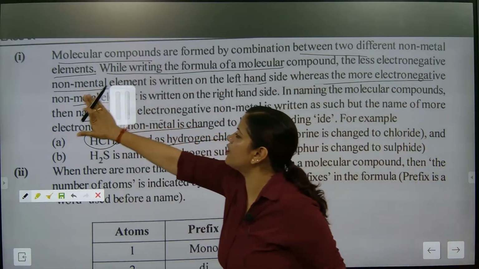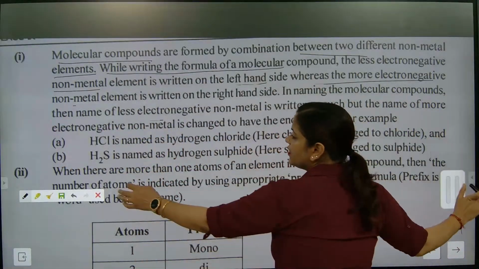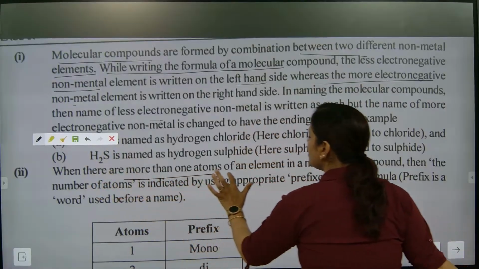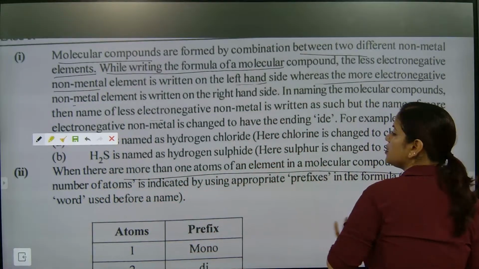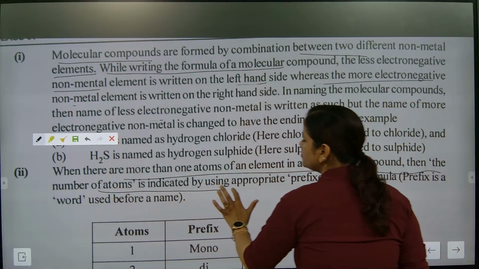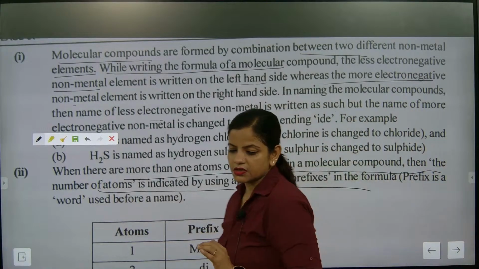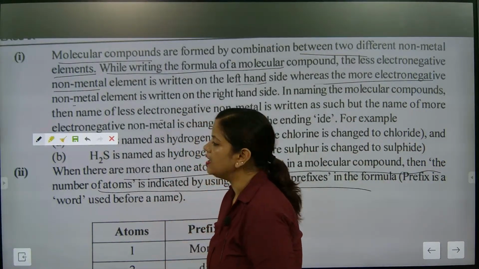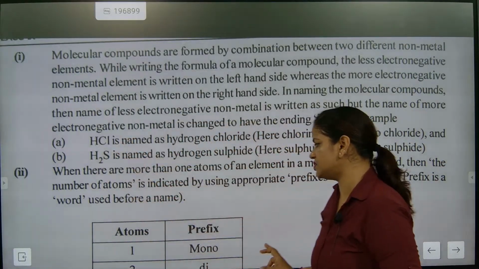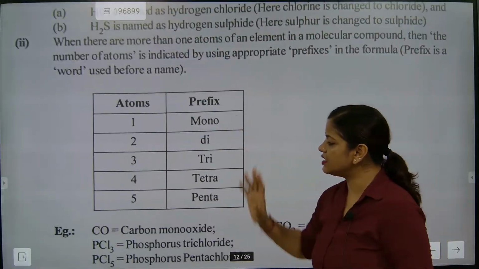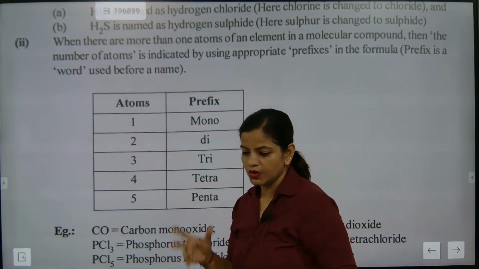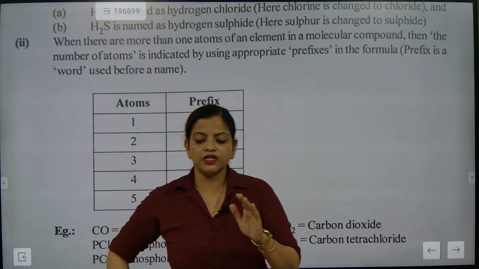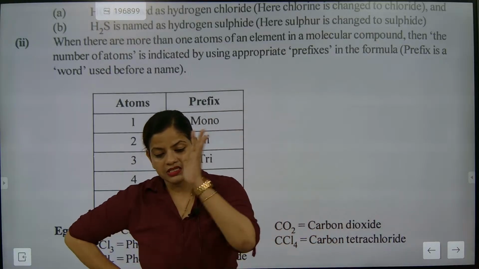Now we will go for the next important part. When there is more than one atom of an element in a molecular compound, then the number of atoms is indicated by a prefix. Here more than one atom is present. If a single one is there, it is considered as mono. First, we check which one is more electronegative and which one is less electronegative.